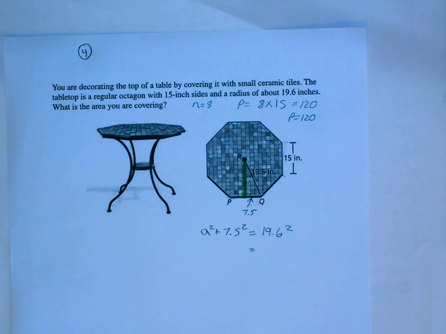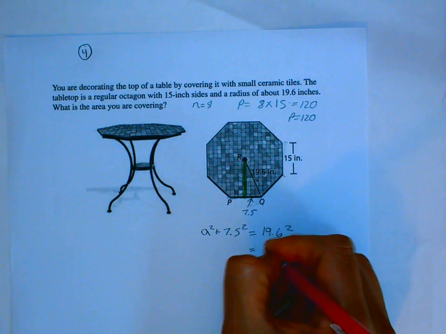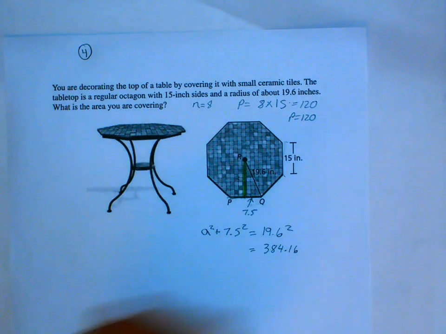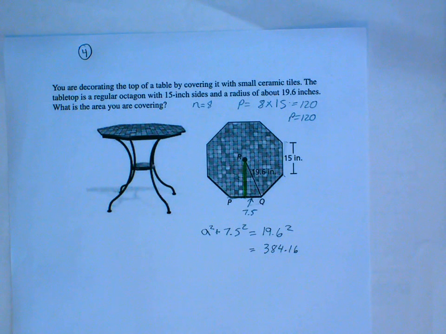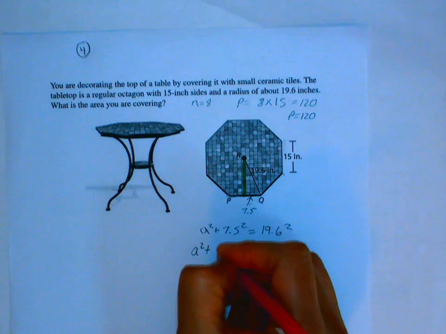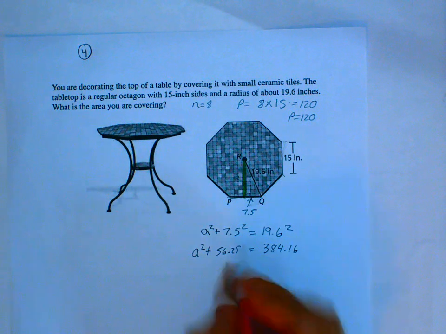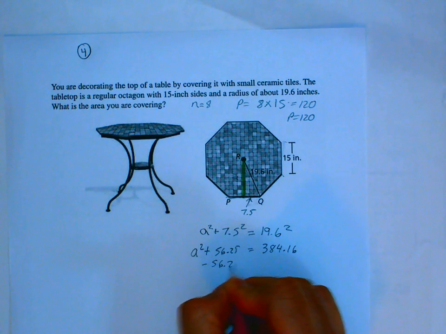Okay, so 19.6 squared, minus 7.5 squared, which is 56.25.